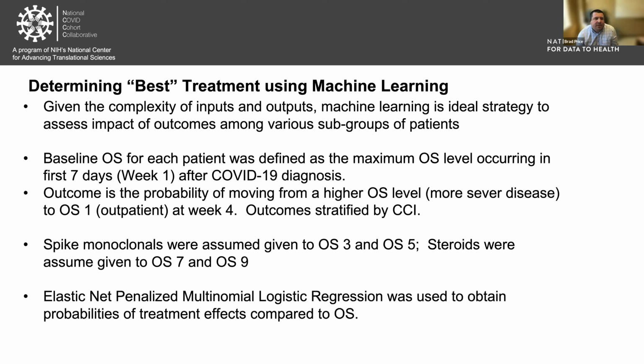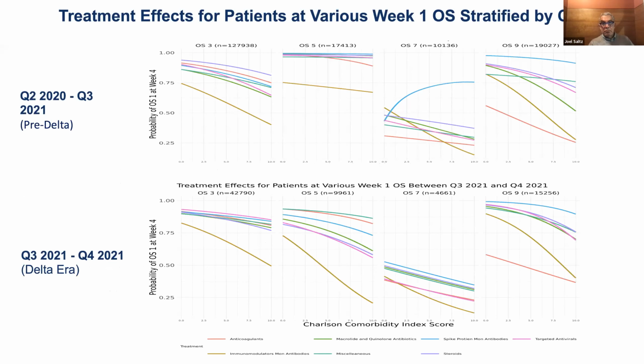So what I'm getting ready to show you is a plot that looks at the probability that you become an outpatient at week 4, conditioned on what treatment you were given and what your week 1 OS was. So just to walk you through the plots here, because this is where some things get interesting, and again, this is still a work in progress.